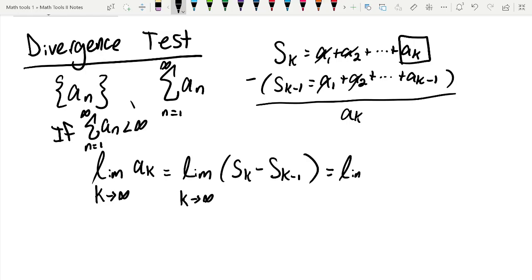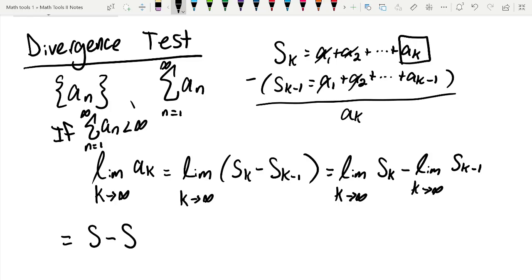First we'll use the limit property to break this up. So this is the limit as k goes to infinity of s sub k minus the limit as k goes to infinity of s sub k minus 1. And now we can use this next equality to get that this is equal to s minus s.